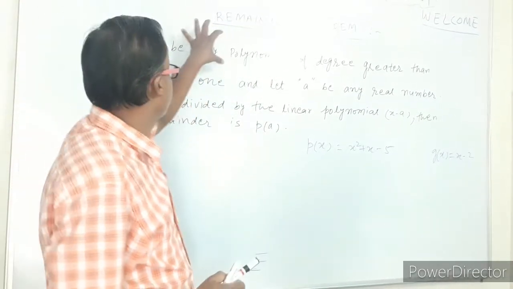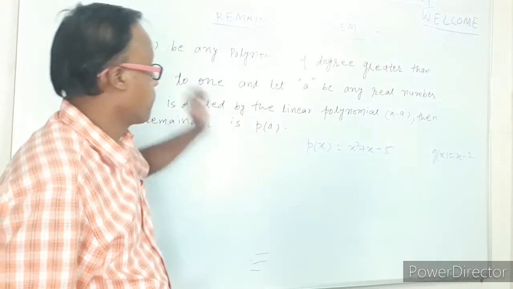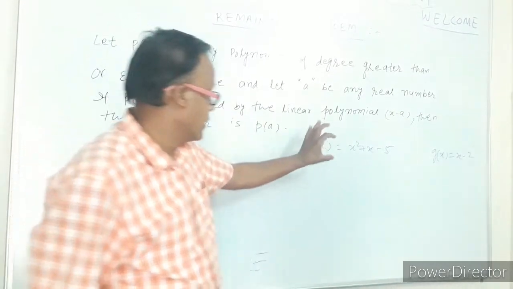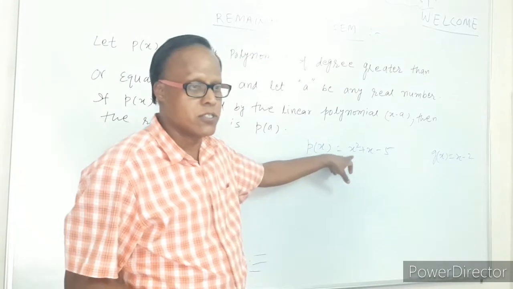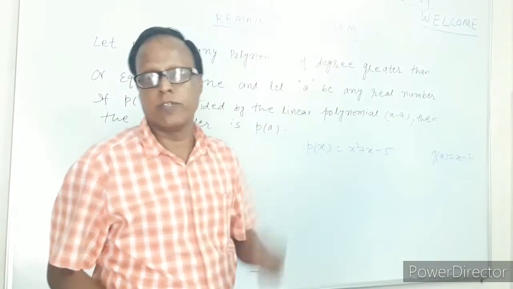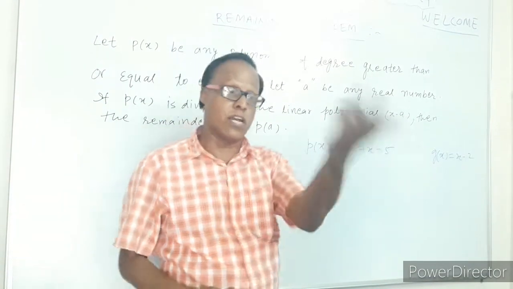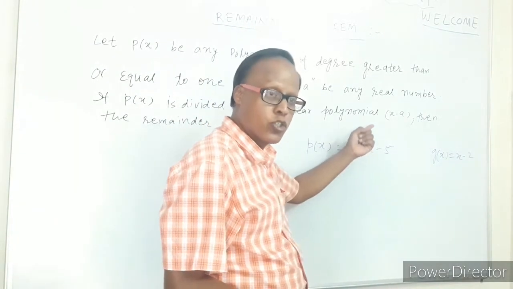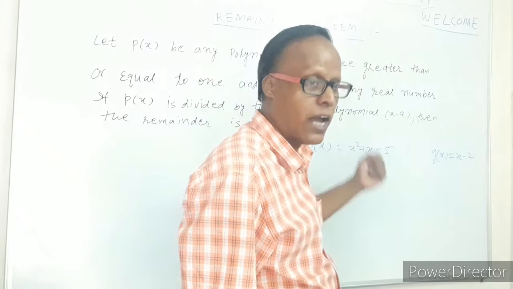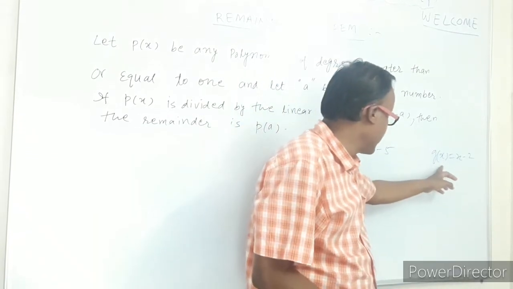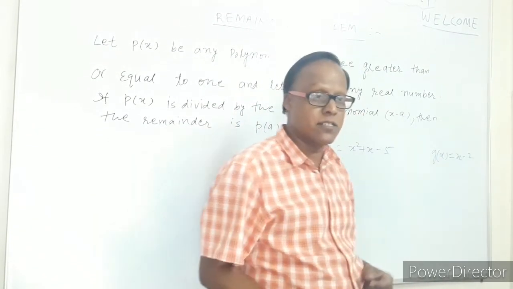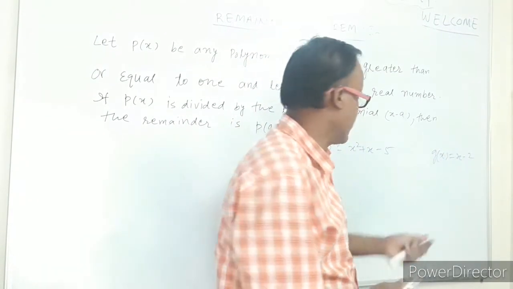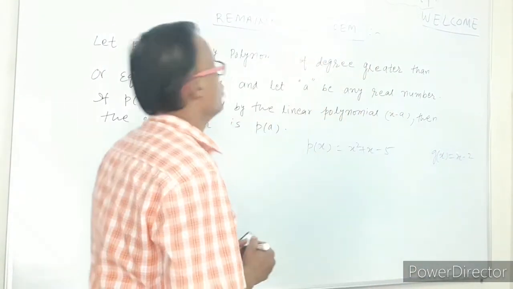So if Px be any polynomial, here the degree of the polynomial is 2. Degree of polynomial is 2, Arnav. Right? Yes, sir. And the degree of polynomial in Gx is 1, x minus 2.